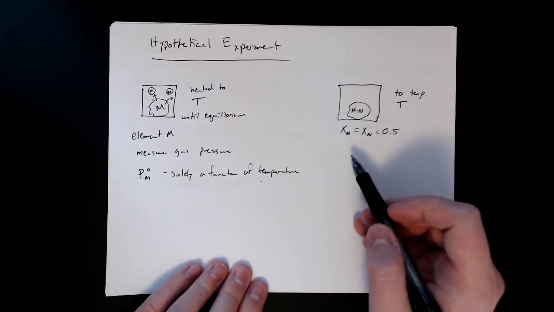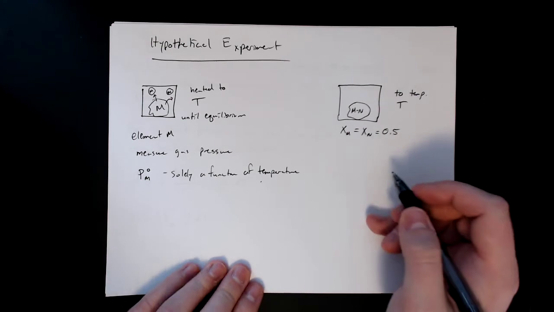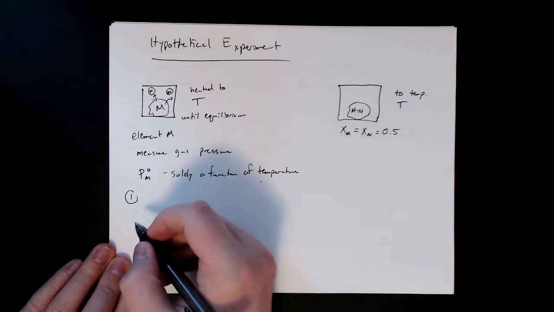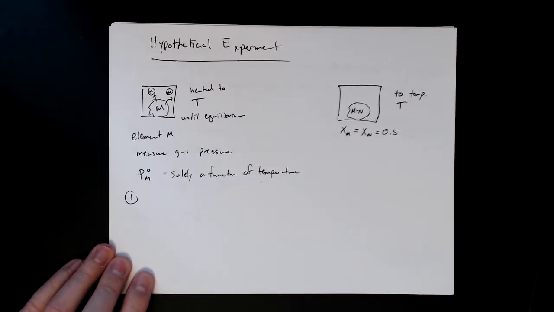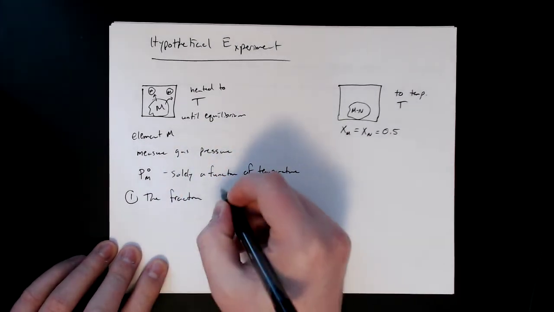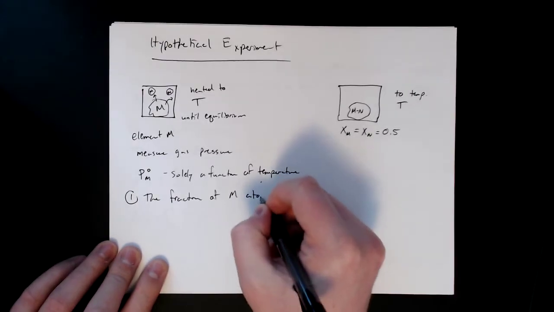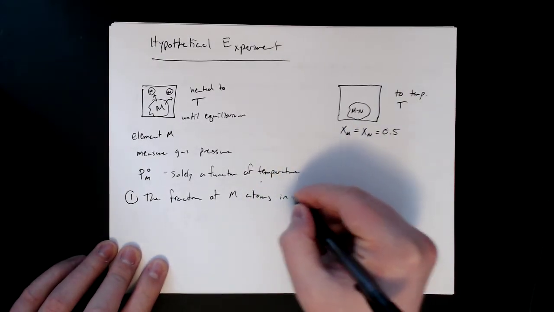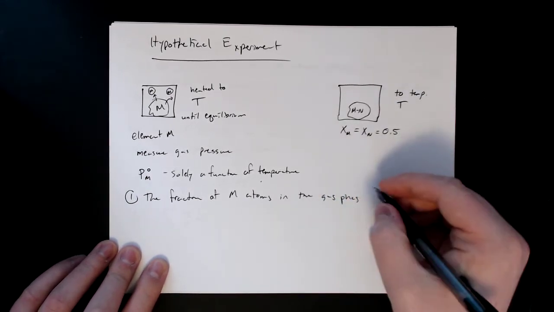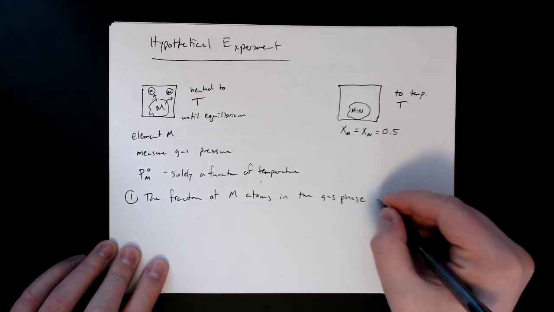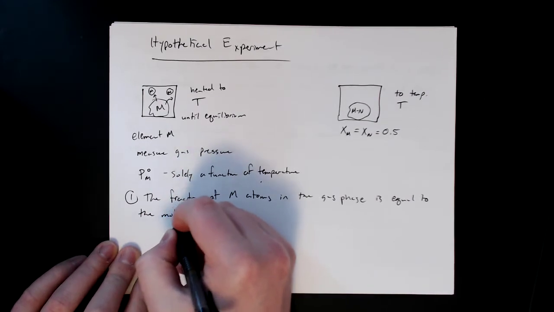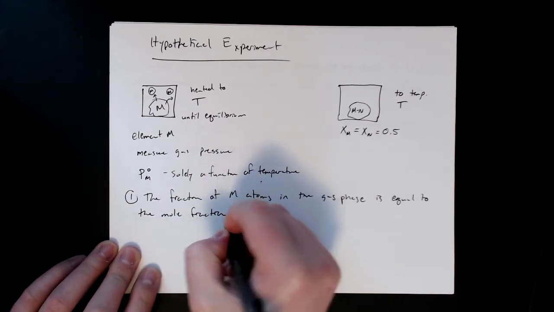And so this is where it gets interesting, because we can think of three possibilities of what happens at that temperature. So the first scenario is the fraction of M atoms in the gas phase is equal to the mole fraction of the alloy.